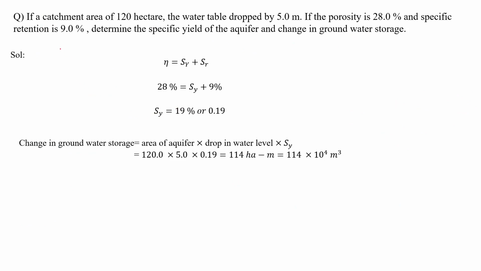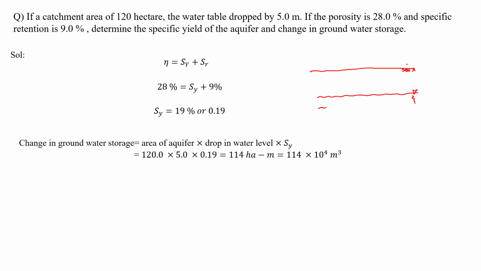Let's solve one question. Let's say for a catchment area of 120 hectare, the water table is dropped by 5 meter. This is the ground level, and this is the groundwater table.